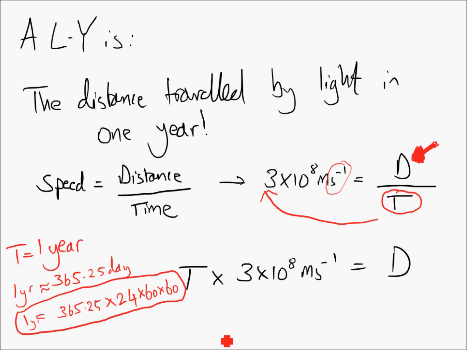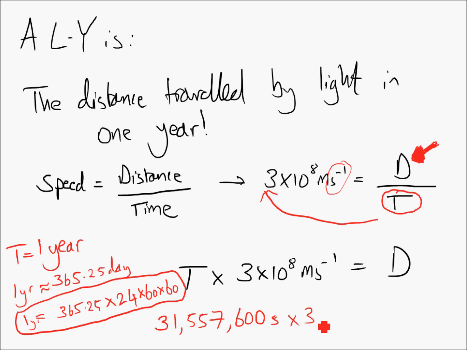I put that all into my calculator: 365.25 multiplied by 24 multiplied by 60 multiplied by 60. That gives quite a long answer on my calculator. I'll write it down so you can follow exactly what I've done: 31,557,600 seconds.